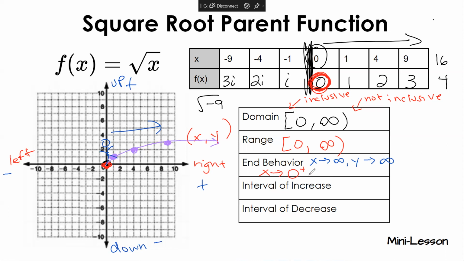So as x approaches 0 from the right-hand side, so as we're looking this way, what's happening to our y values? Where are they getting closer and closer to? 0. So y is approaching 0. Okay. We could say as x is approaching negative infinity, y is getting closer to 0, but that's not necessarily a true statement because those x's don't go on forever.